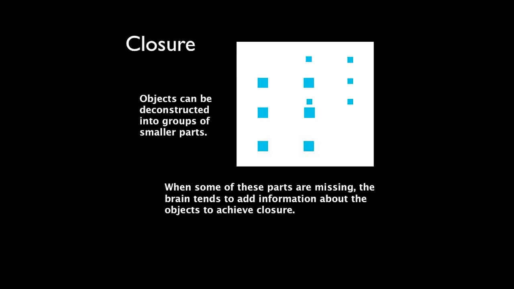Closure. It's the idea that objects could be deconstructed into groups of smaller parts. Your brain here is probably seeing a pattern. How would you describe that pattern? What do you see here?